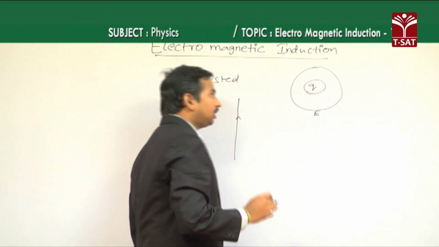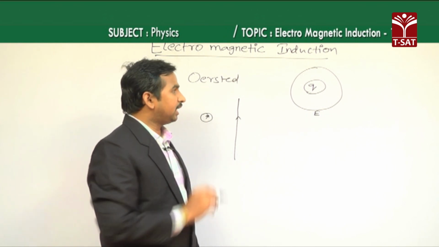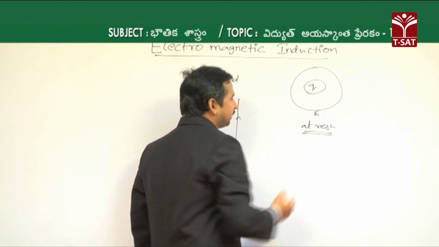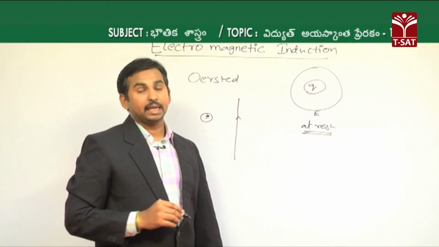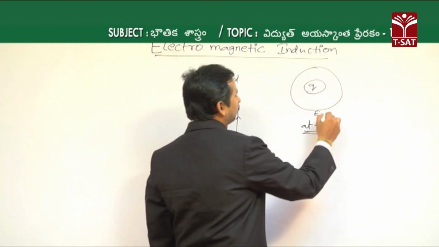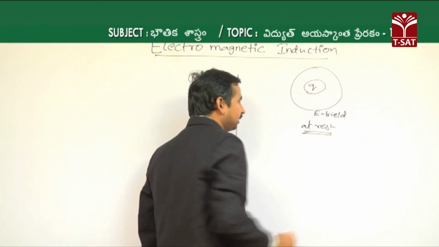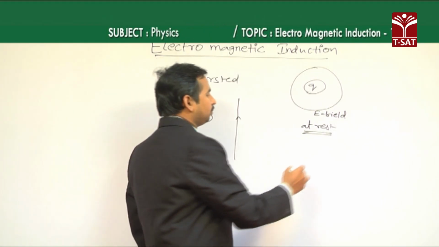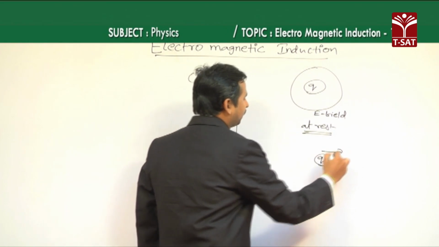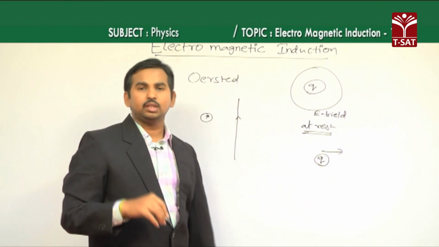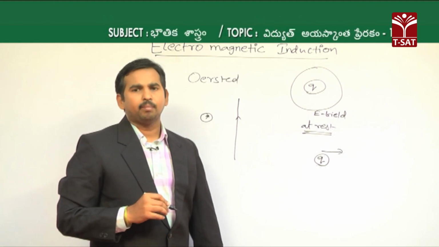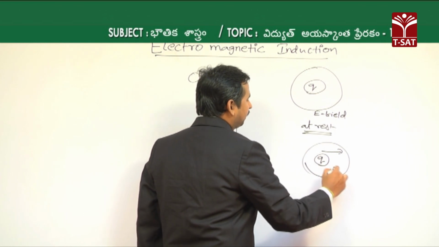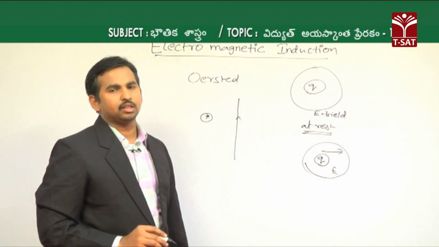But once the charge starts moving, gaining acceleration, then around it there is not only the electric field, we also get a magnetic field. So around it we have the electric field as well as the magnetic field.